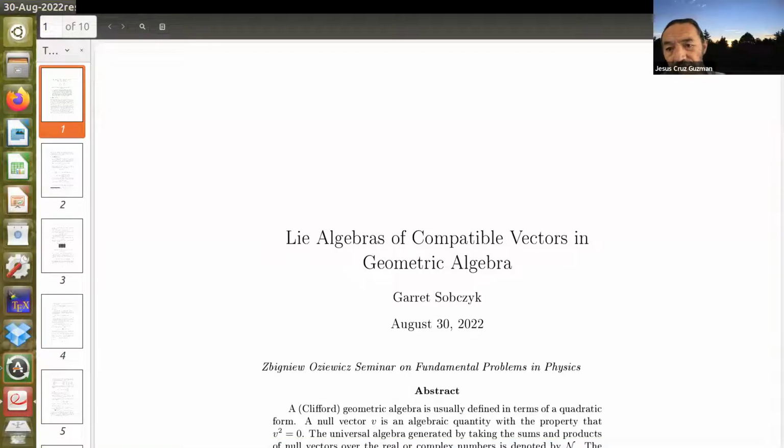So I think it is working. Now that's better. Yes. Okay, so you can see my screen now, right? Yes, it says Lie algebras of compatible vectors in geometric algebra.